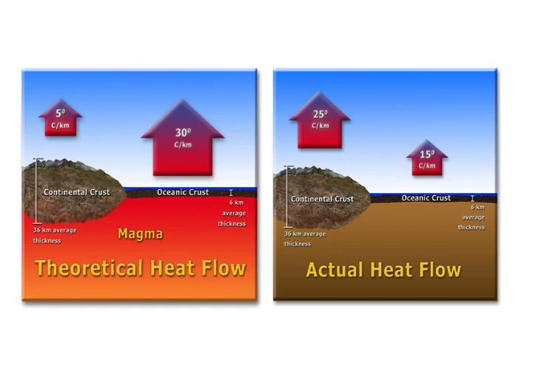But in the actual heat flow, we have more heat coming out of the continental crust than from the oceanic crust.